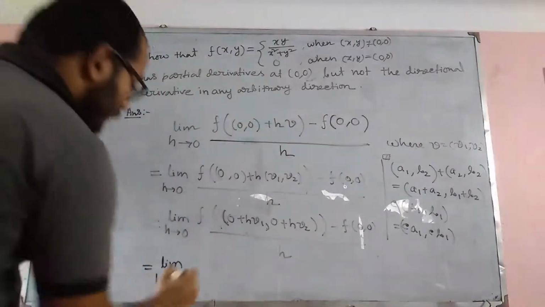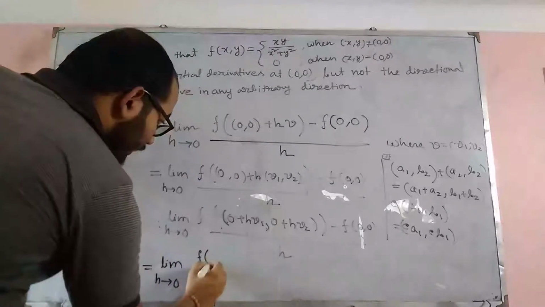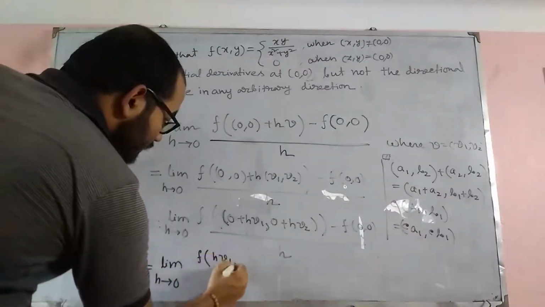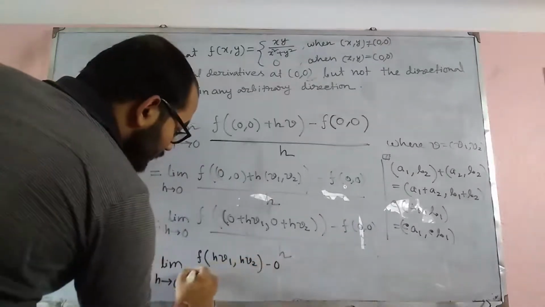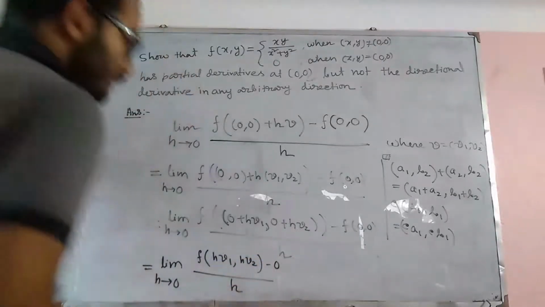Limit h tends to 0, f of h v1 comma h v2 by 0 minus 0 by h.